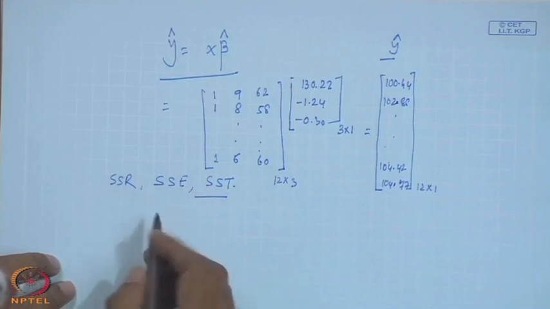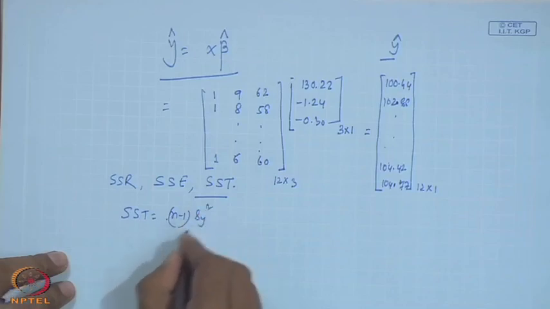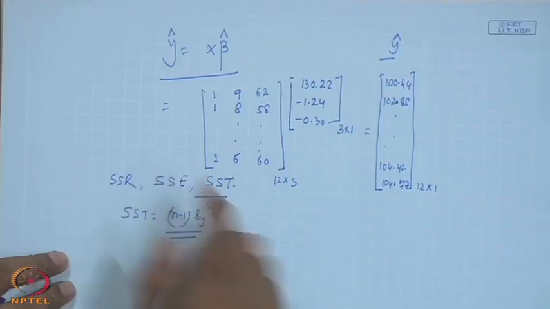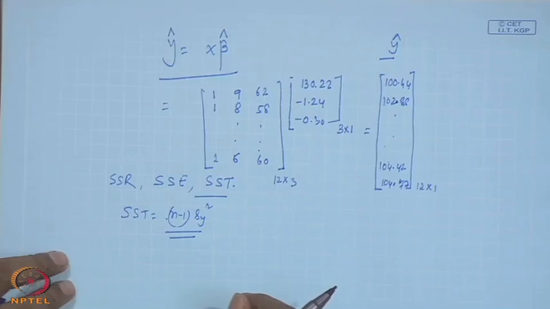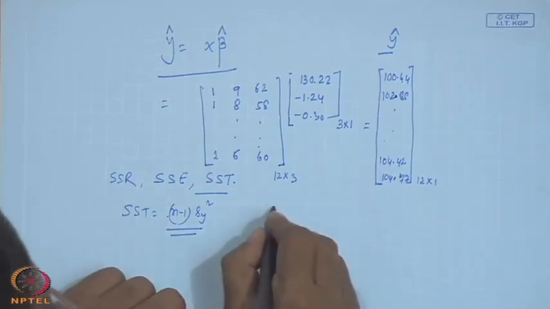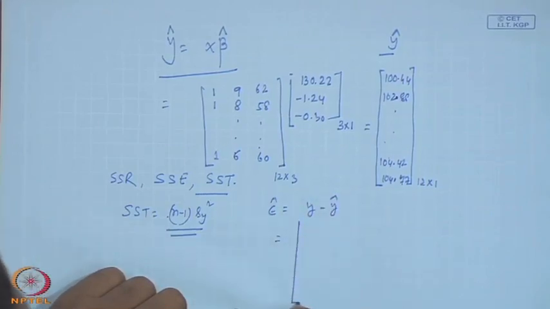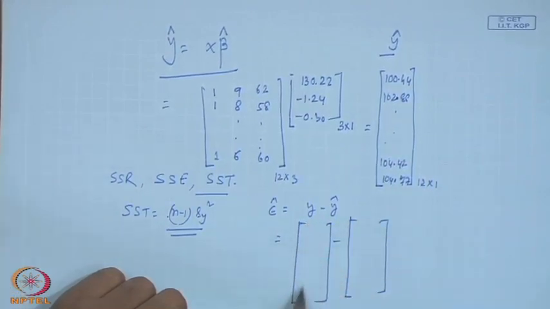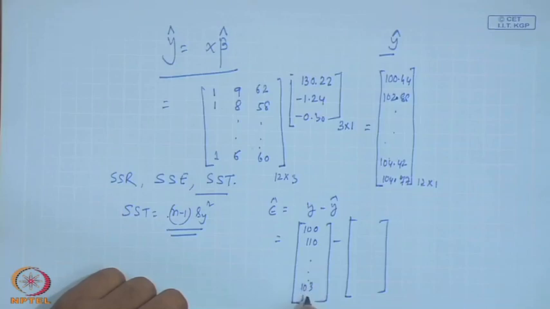Now SST you can calculate very easily using n minus 1 into s y square. That is the formula. If you want to calculate SSE, you need to find the residuals, which are y minus y cap. The y values are already there: 100, 110, and so on for 12 values, up to 103 and 110.